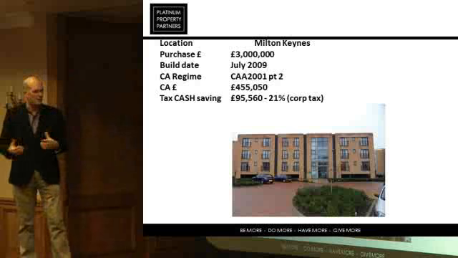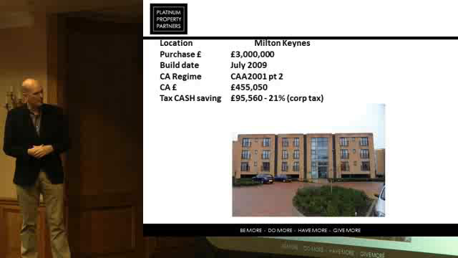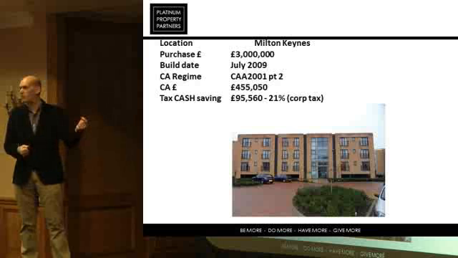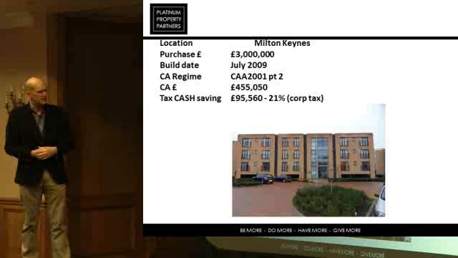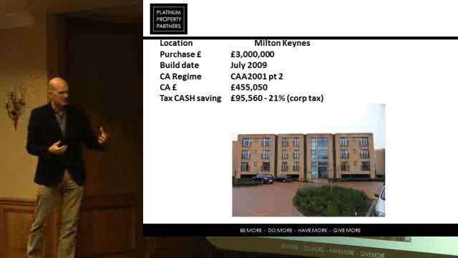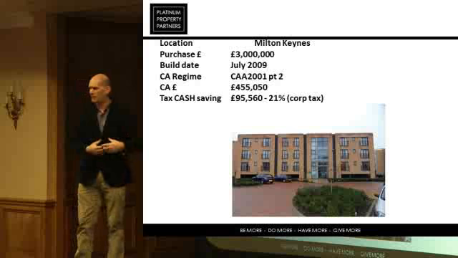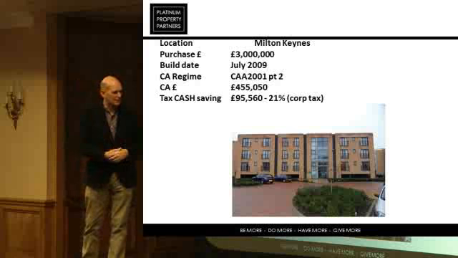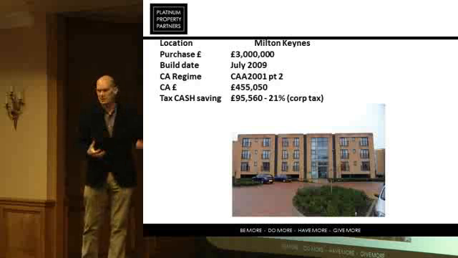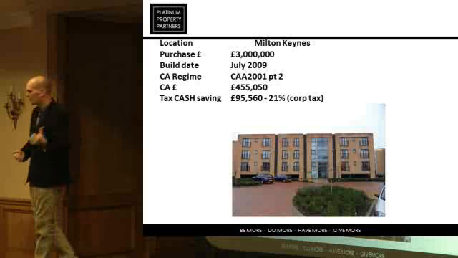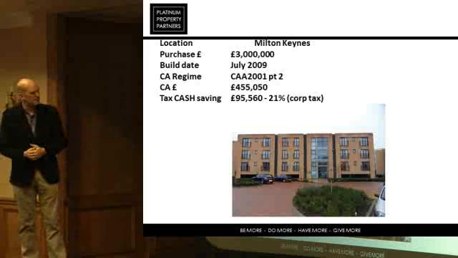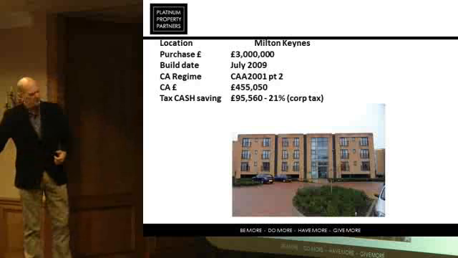So what that meant to the owner, it was owned by a corporation, a limited company, it meant that it reduced their corporation tax bill by £95,000. And this was something that they'd obviously bought the property for investment purposes, to generate rental income from the, I think it had 21 self-contained flats, if I remember correctly. They're using it to generate profits, and the tax relief is an added bonus to them, but nevertheless a welcome one.